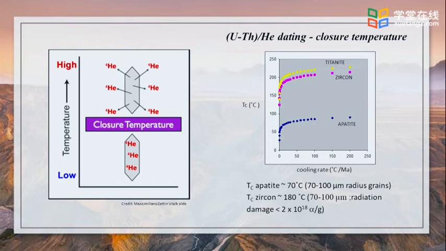The other key mechanism is diffusion, as we can see in the figure on the left. The present-day helium content is basically the outcome of the competing effects of alpha ingrowth, plus the alpha ejection process and alpha diffusion. The diffusion of helium is widely spread in terms of both phase and temperature.